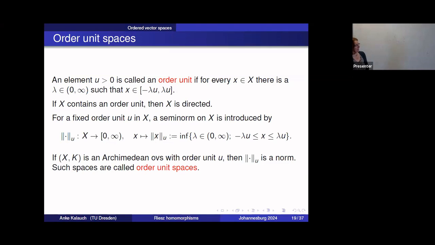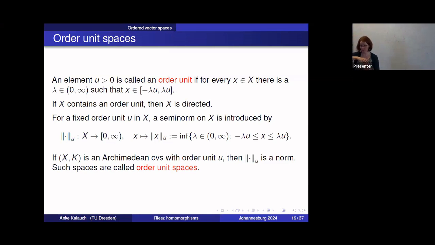So I already mentioned order unit spaces. The cones I showed you in the beginning, in finite dimensions, note that these were closed cones and they have interior points. And what property do these interior points have? Every element in your space can be caught by this interior point from both sides.